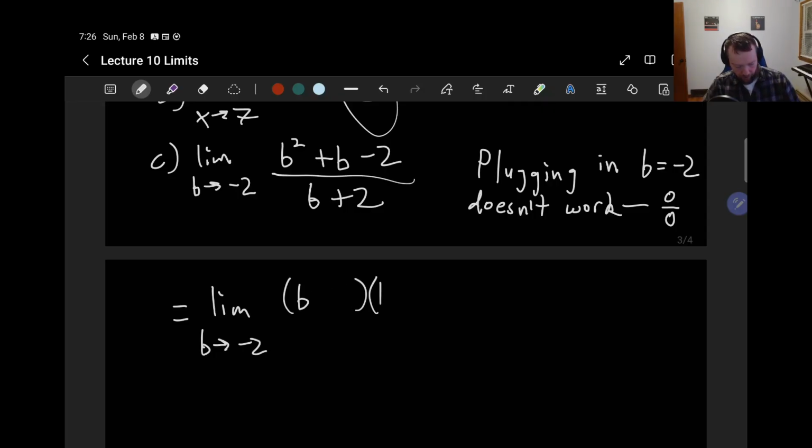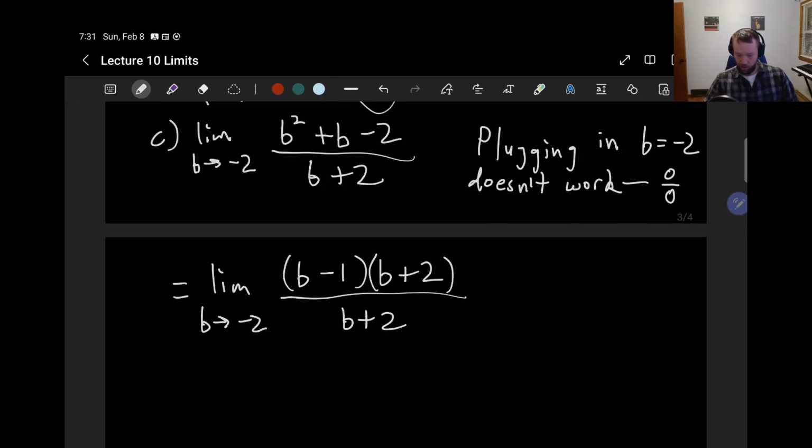In particular, factoring the numerator, and this will work. Now that we've factored, we're in a position to cancel. And now -2 is not a problem point.